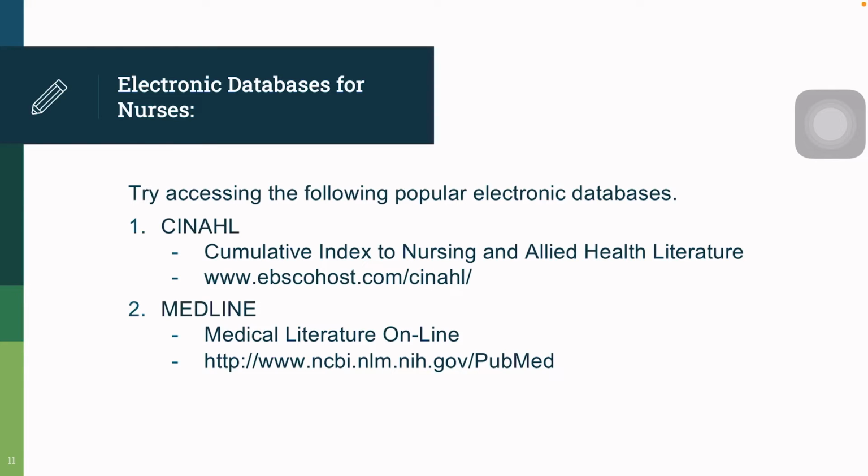For example, a search for behavio, question mark, r, would retrieve records with either behavior spelled as B-E-H-A-V-I-O-R or behavior spelled in such a way with B-E-H-A-V-I-O-U-R. Okay, for each database, it is important to learn what these special symbols are and how they work.